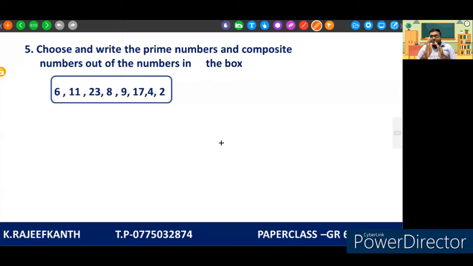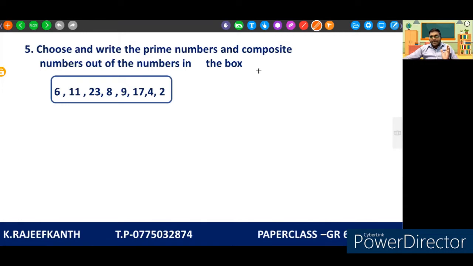In other words, a prime number has only two factors, and a composite number has more than two factors. That is the difference between prime and composite numbers.